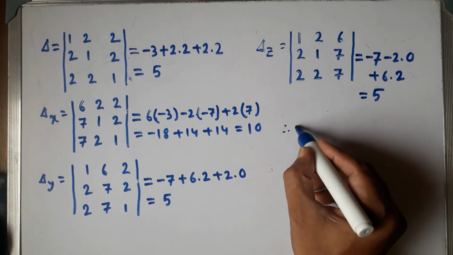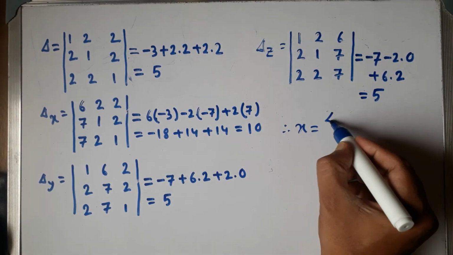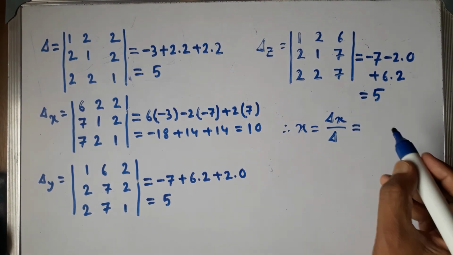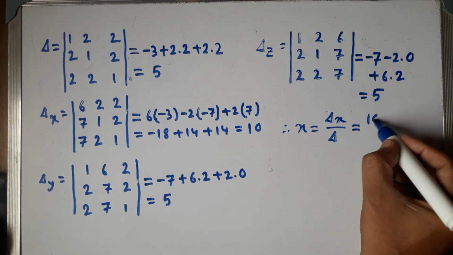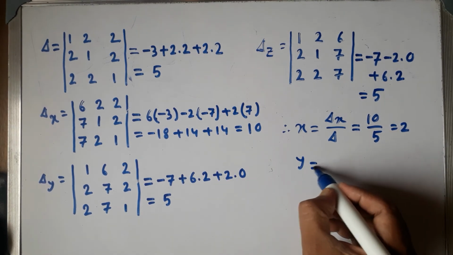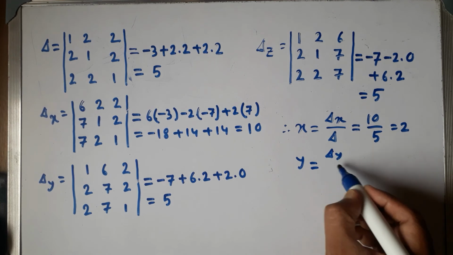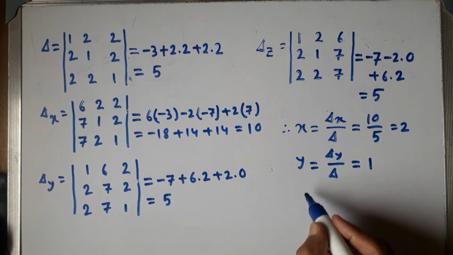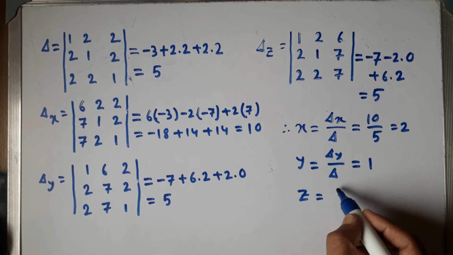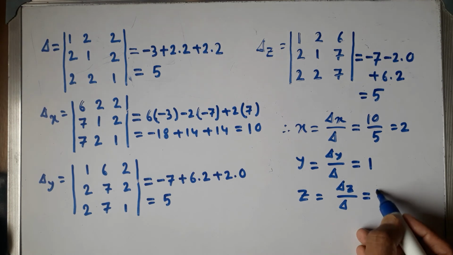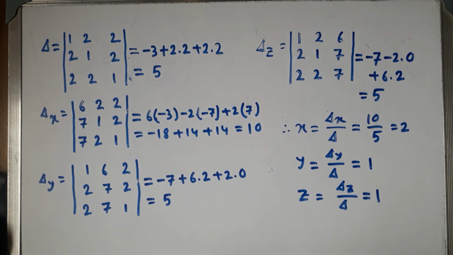Therefore x is equal to delta x by delta, which is equal to 10 by 5, that is 2. y is equal to delta y by delta, which is equal to 1, and z is equal to delta z by delta, which is equal to 1.